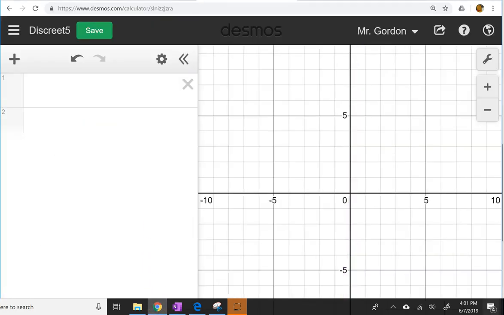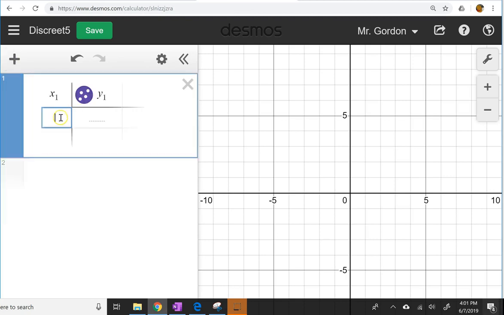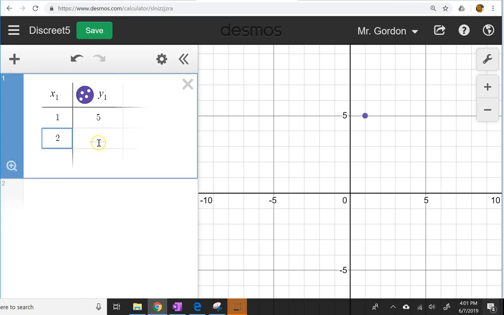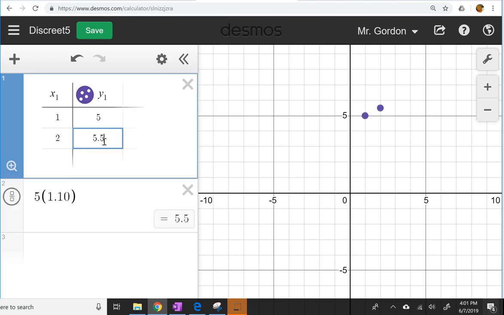So we have a scenario where on the first day that it's late, it's going to be $5. For this scenario, I'm going to make a table to start with. So first day it's late, day 1, it's costing $5. Day 2, it's going to cost 10% more than that. So 5 times 1.1, it's going to be 5.5.